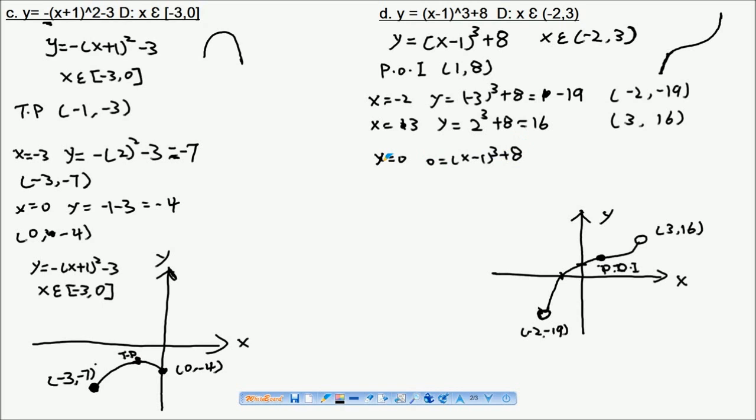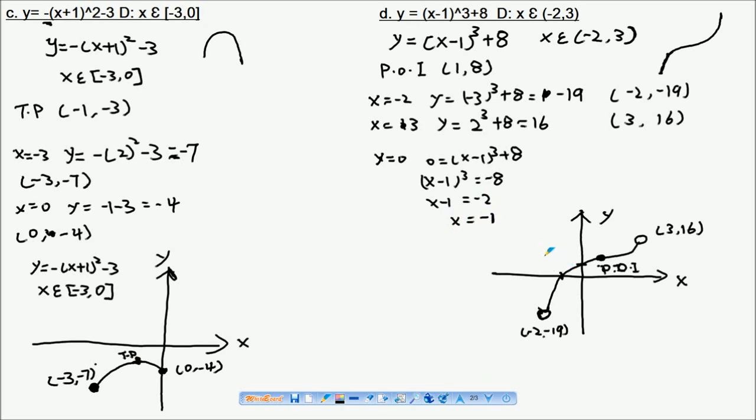Let's rearrange it: (x minus 1) cubed equals minus 8, and x minus 1 equals minus 2, and x will be minus 1.